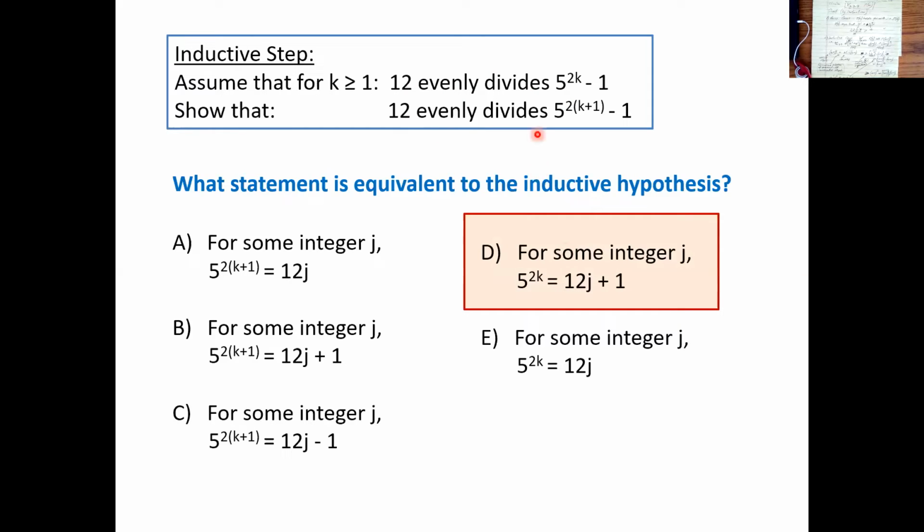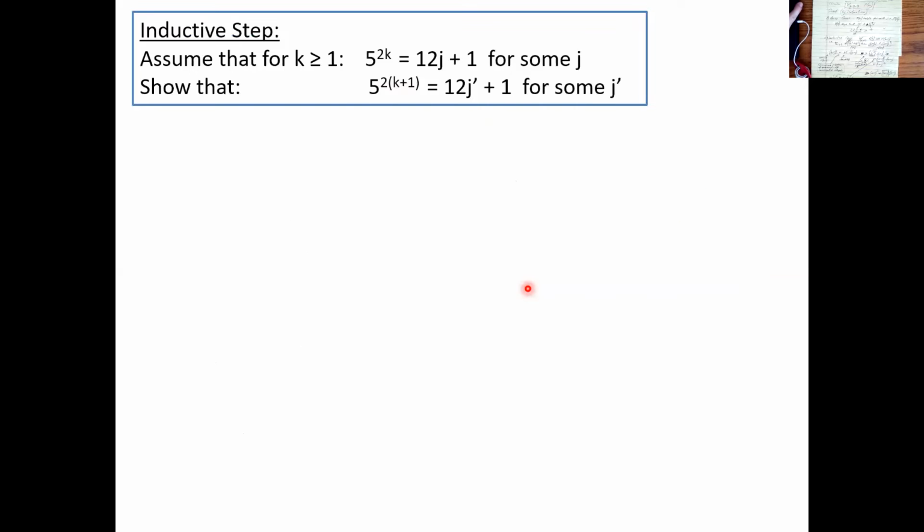And what I will have to be proving is a similar predicate about k plus 1, right? So namely that there exists some integer j prime such that, okay, here is my hypothesis and what I'm going to claim based on that. In the inductive step, for all k, I have to argue that if this predicate holds for k, then it holds for k plus 1.